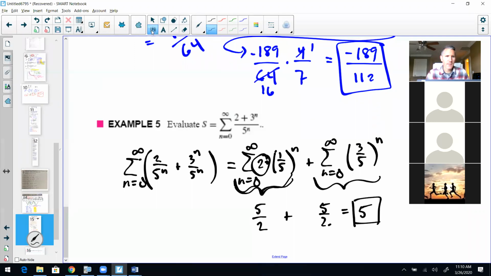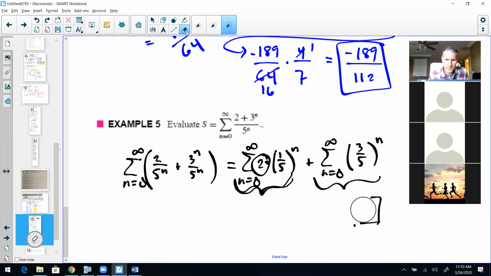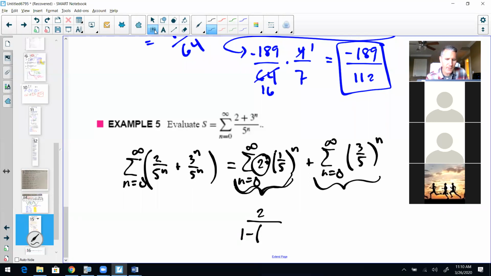So let's do it real quick. 5 halves for the first one. Check this out. For the first one, the first term, when we plug 0 in for n, I get 2 times 1/5 to the 0th power, which is 2, over 1 minus the common ratio, which is 1/5.